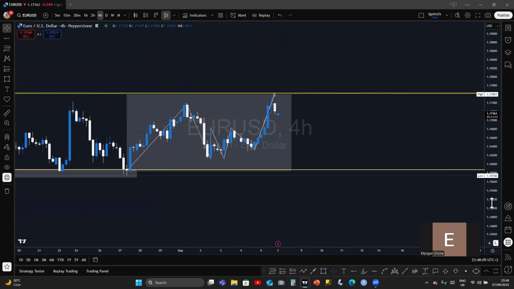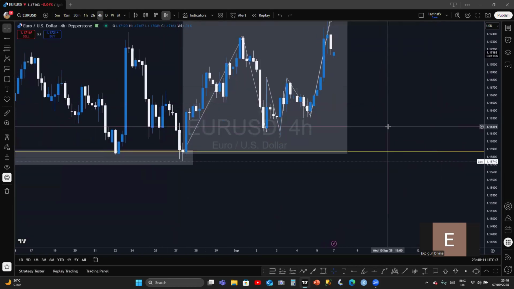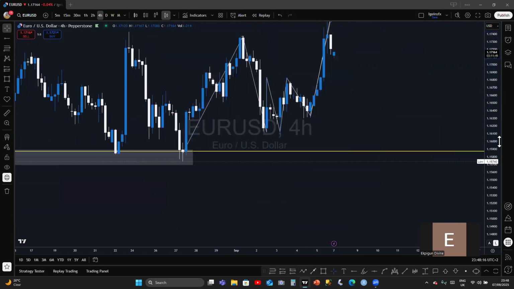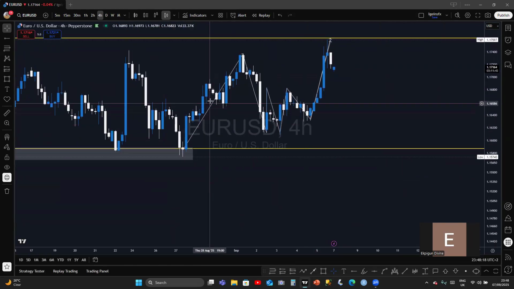Now, the current order block that we have is this very one here that price has not mitigated yet. Hold on, this very one. Price has not mitigated this.